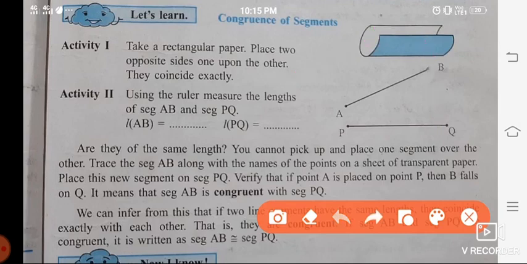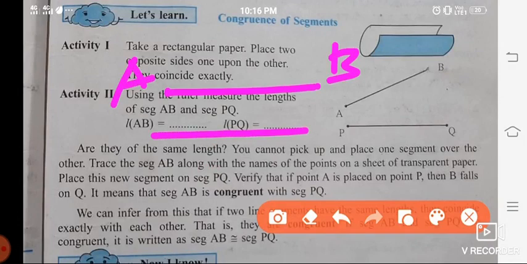Second activity, they have told you to take a scale or ruler, measure the length of AB and the length of PQ, and write it in this particular place. You will see that both measurements are the same. Suppose I am drawing a segment here, this is seg AB, and again I am drawing a segment named PQ.